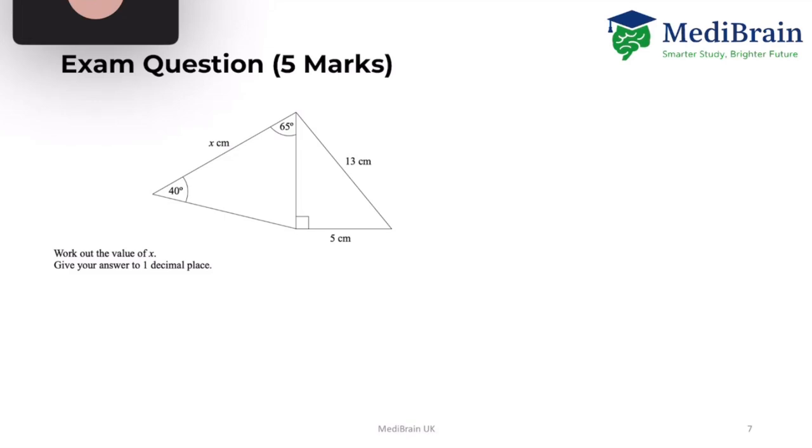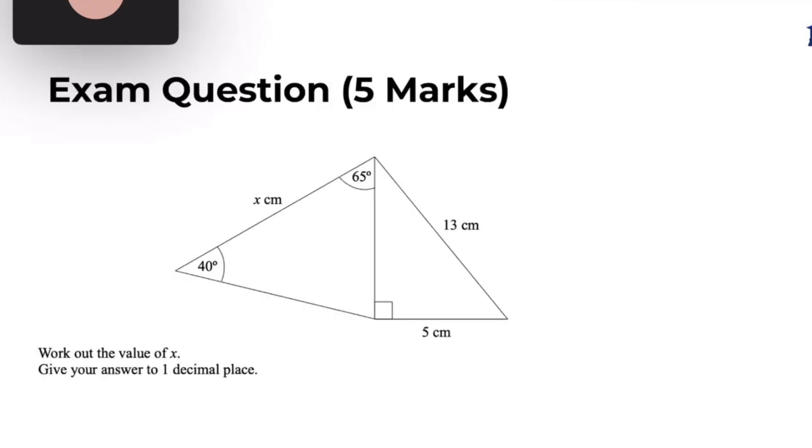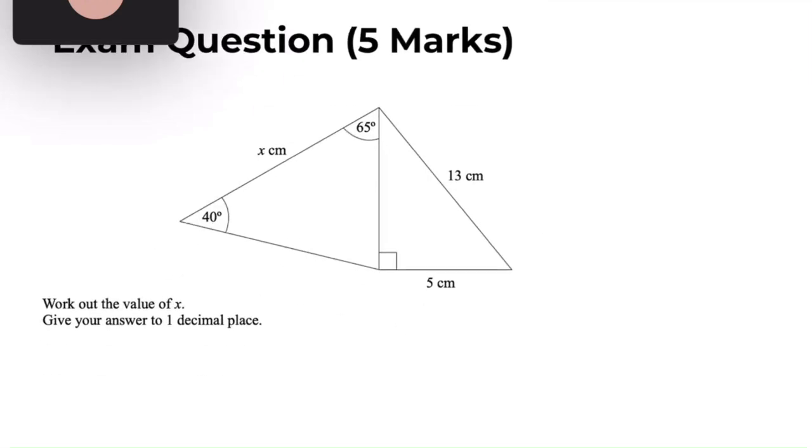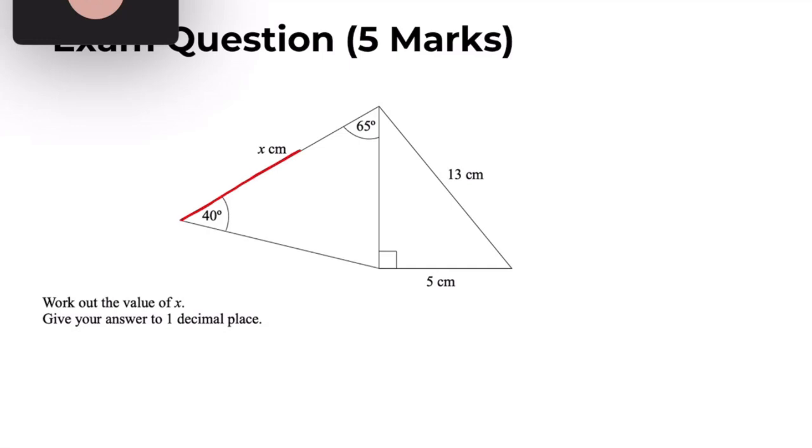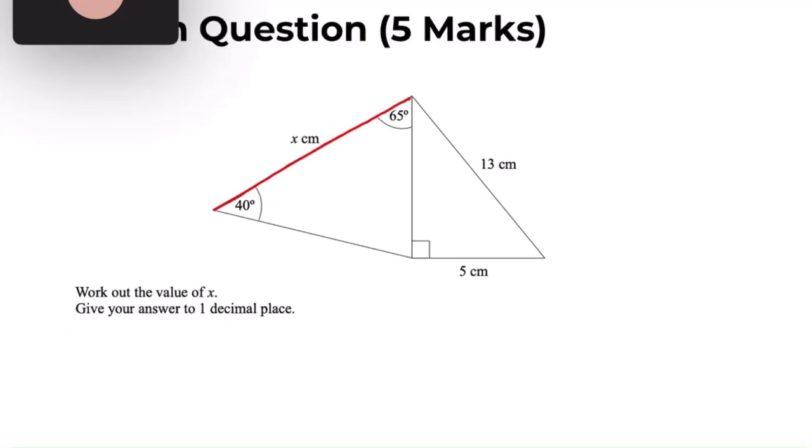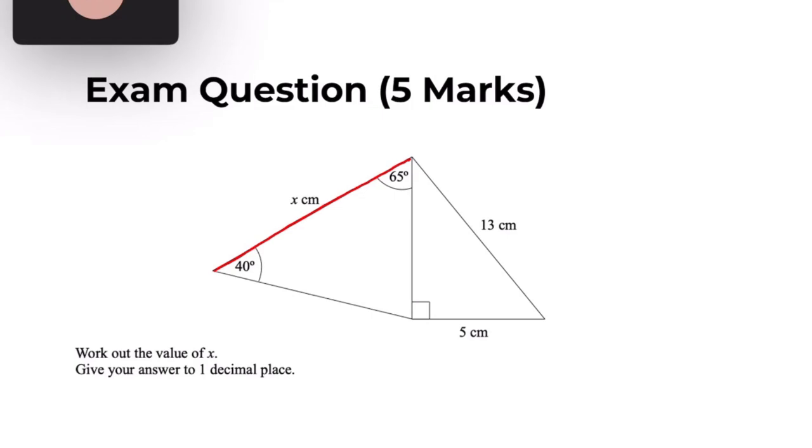So it says work out the value of x. As you can see in this triangle, x is over here. And in order to use the sine rule, what do we need to know? There are two possibilities. We either need to have two angles and one side, or we need to have one angle and two sides.